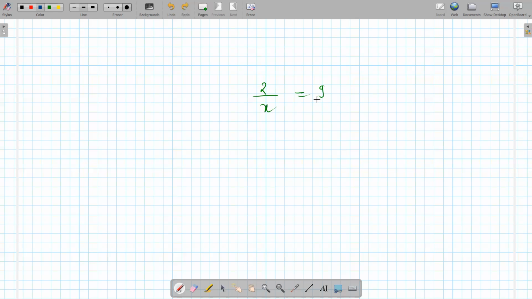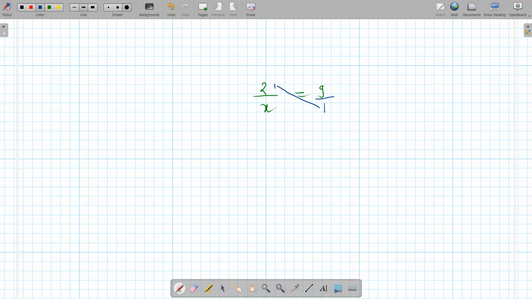In a case like this, we do something called cross multiplication, okay? You have 2 over x. What's the denominator of 9? 1, right? Let's just think of it as slope. If slope is 9, that means your run is 1. The rise is 9, but the run is 1. So you give it a denominator. Now you want to cross multiply.